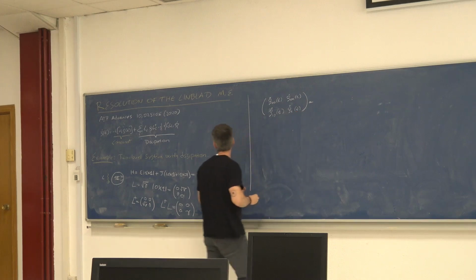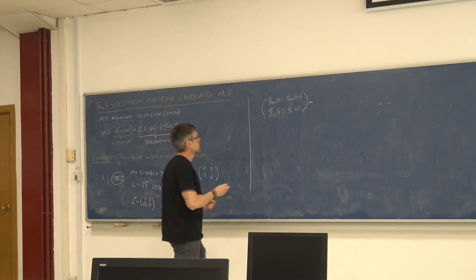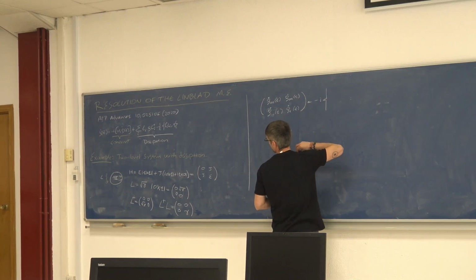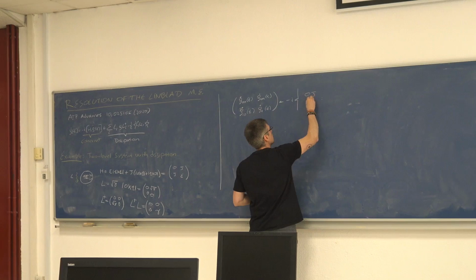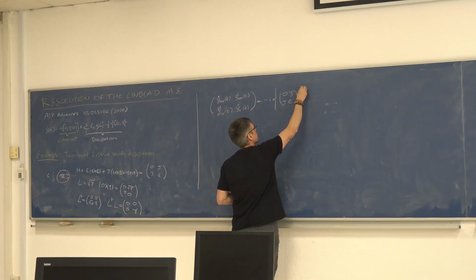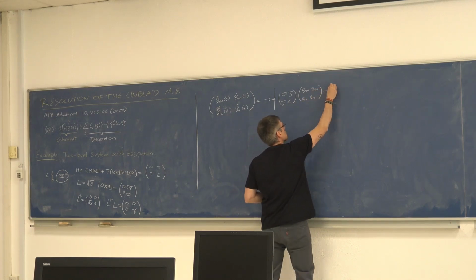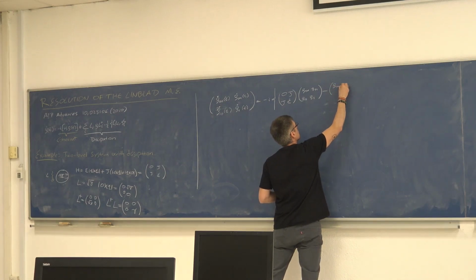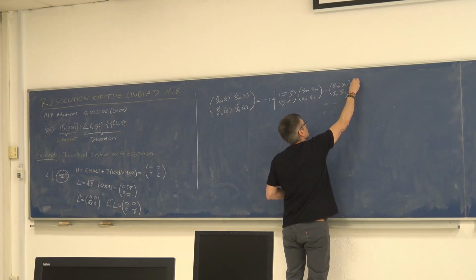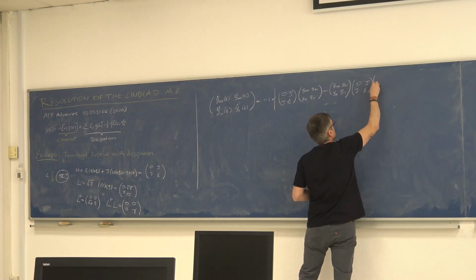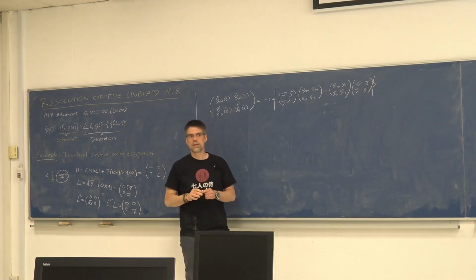This will be equal to this part: Hamiltonian, 0, J, J, epsilon, times the density matrix, rho 0 0, rho 0 1, rho 1 0, rho 1 1, minus the density matrix, rho 0 0, rho 0 1, rho 1 0, rho 1 1, times the Hamiltonian again, 0, J, J, epsilon. Okay, all of this is the coherent part.